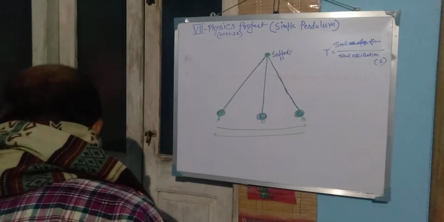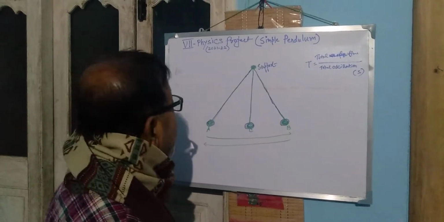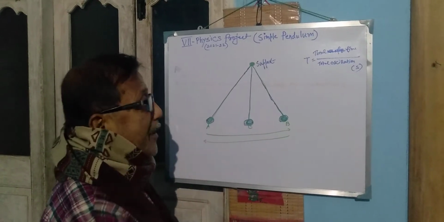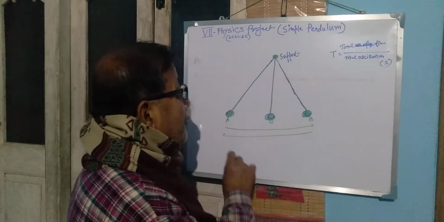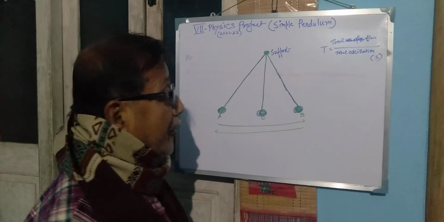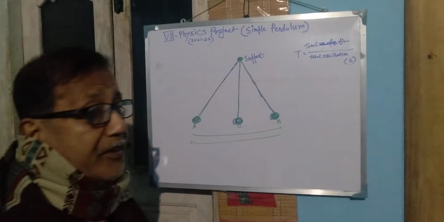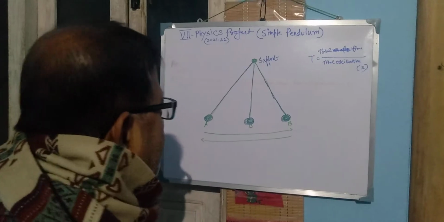Now when you do this, you have to count 10 complete oscillations. So here you have to count carefully. At the same time, with the help of a watch, you have to measure time in seconds.